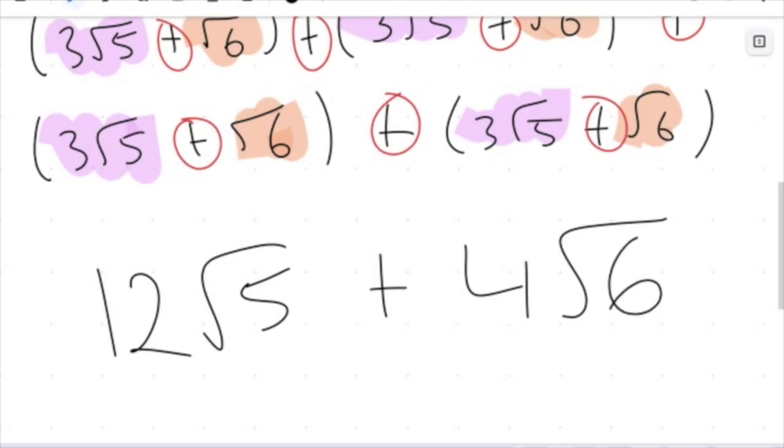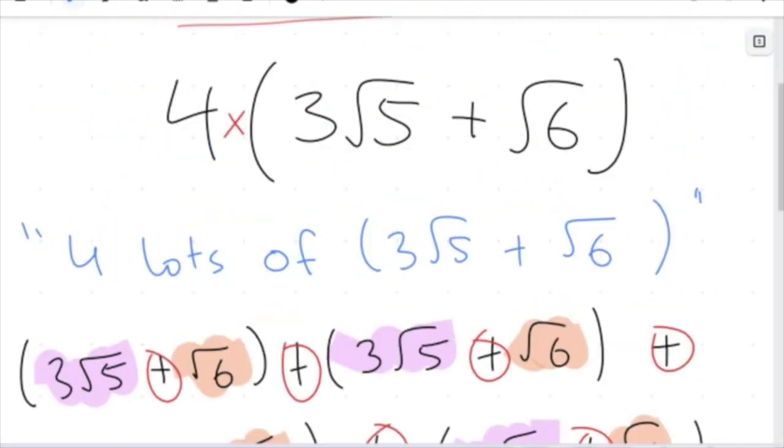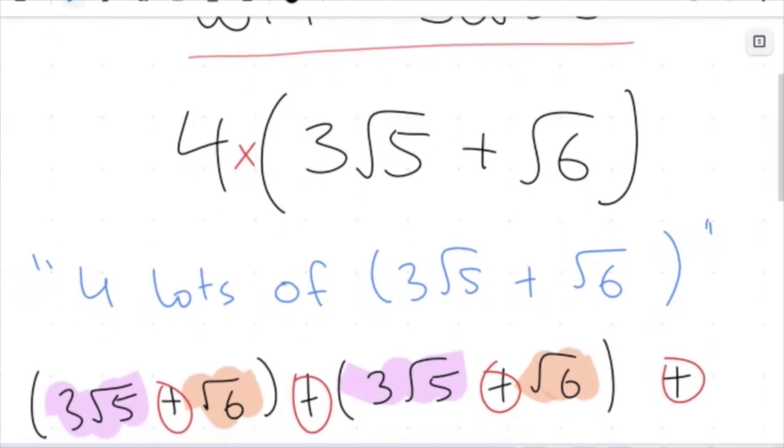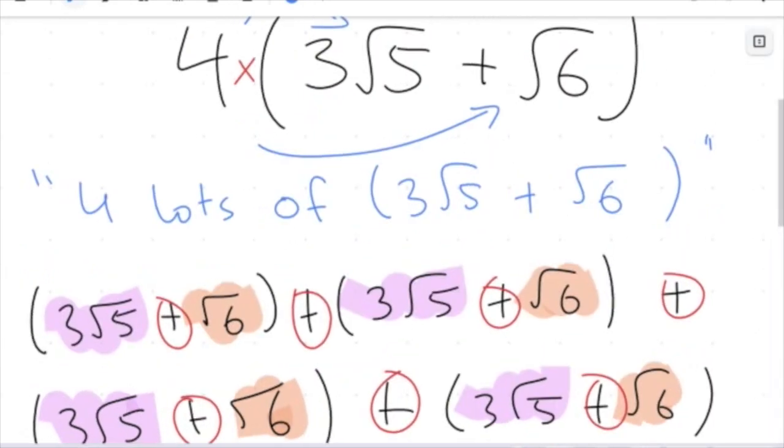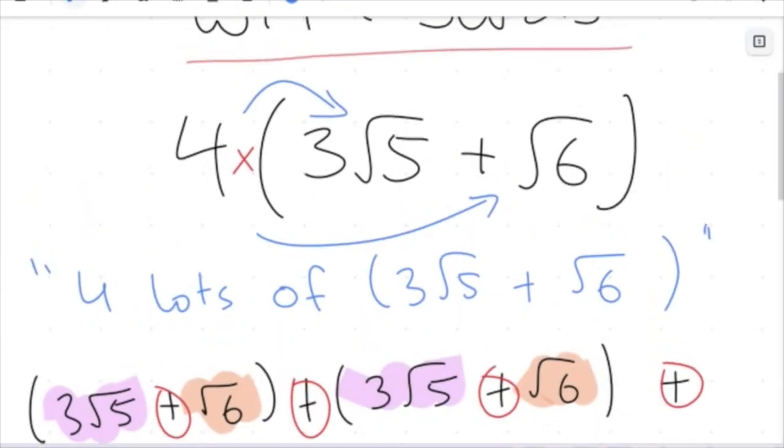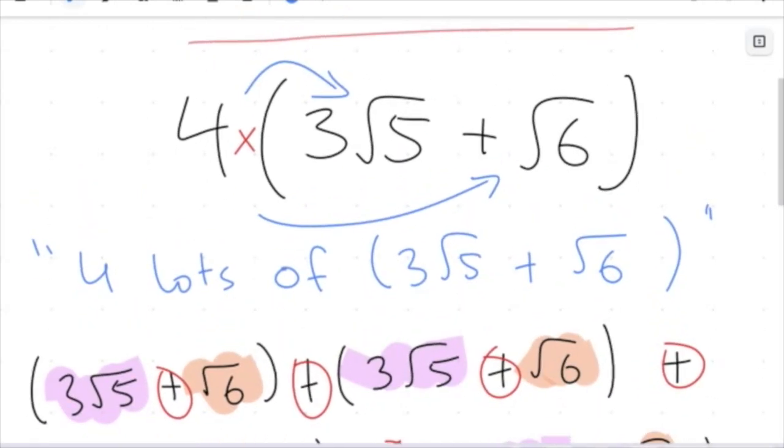And as we probably would have guessed, if you remember from previous years when we first looked at expanding brackets, what we always seem to get is a result which is the same as the outside number multiplying by the first term and then multiplying by the next term. So let's just check if that happened.